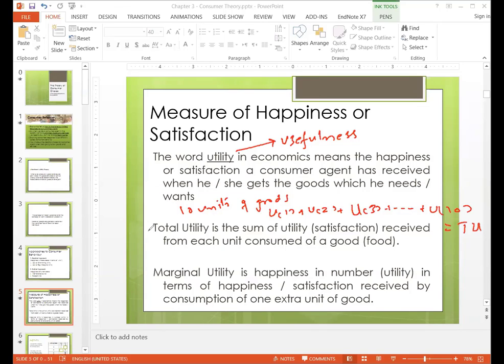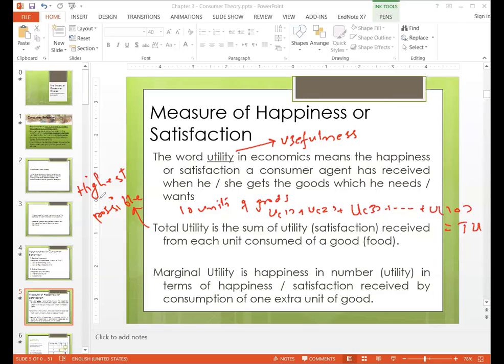So we want that. Our goal is to make sure that this is highest possible. As an economic agent, as a consumer agent, our goal is that wherever we do, our total utility should be highest. That is important for us.